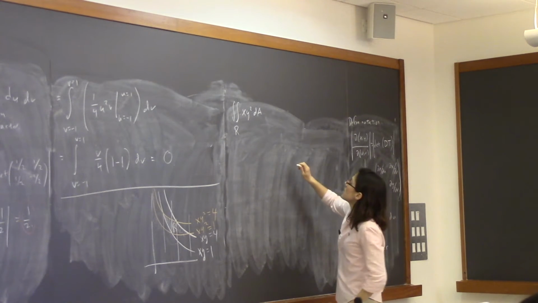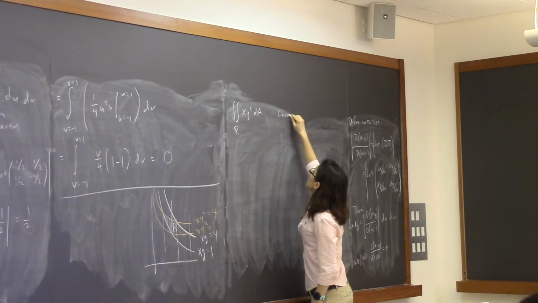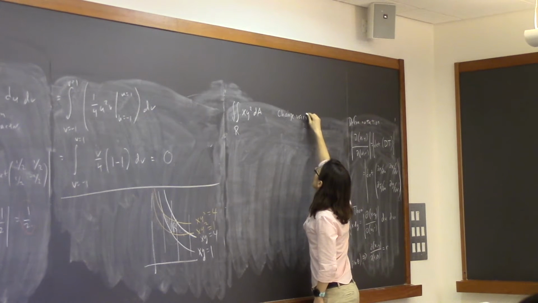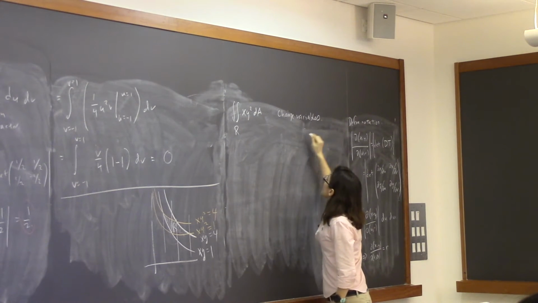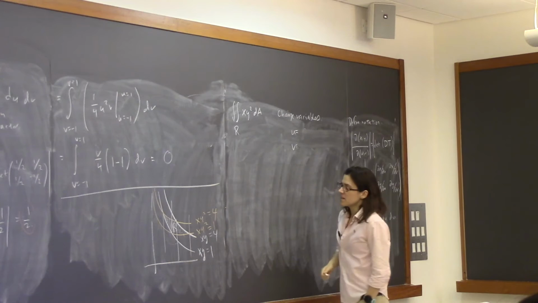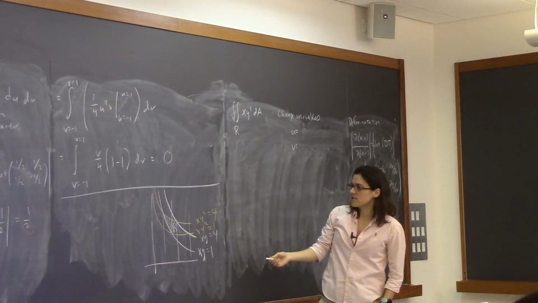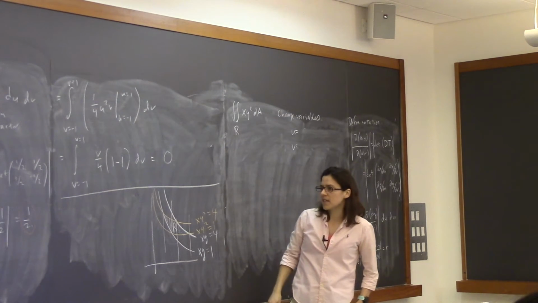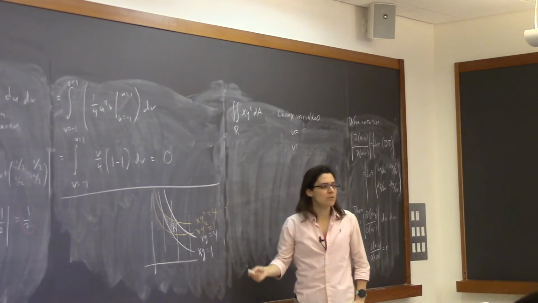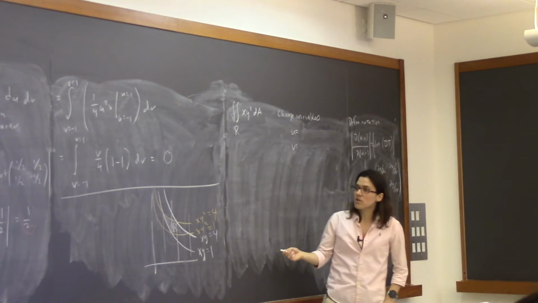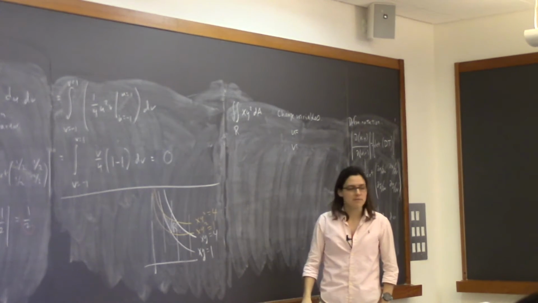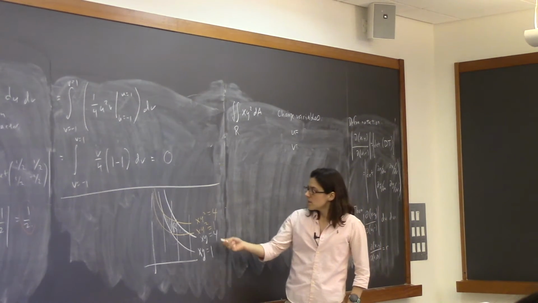So let's change variables. So u is something and v is something. There are a couple of reasons why we're doing this new example. The first is that you really can't do it any other way. And the second is that we also can't really solve for x and y in terms of u and v in this example.